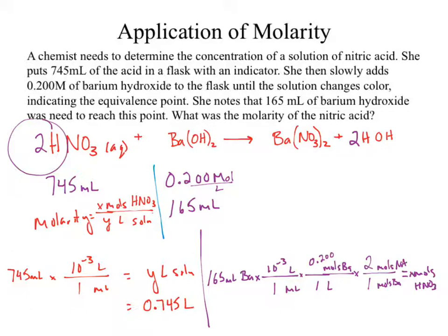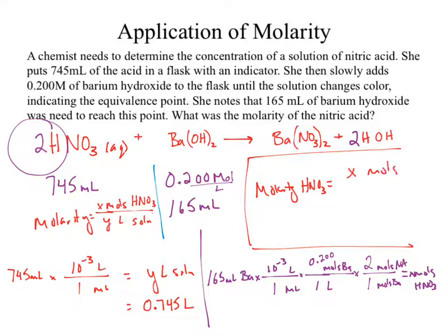Sorry, yes? So do we have to do anything with the milliliters of the acid? To solve for the molarity of our nitric acid, what do we need to do? Sorry, you already asked the question. It's already out there. You can't take it back. What do we do?